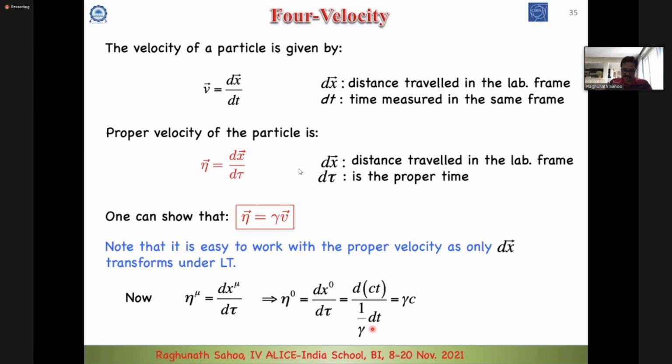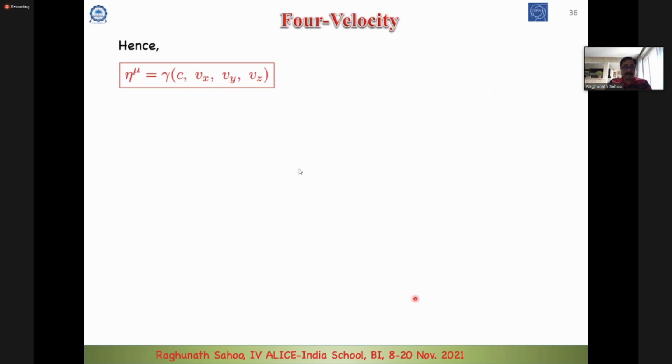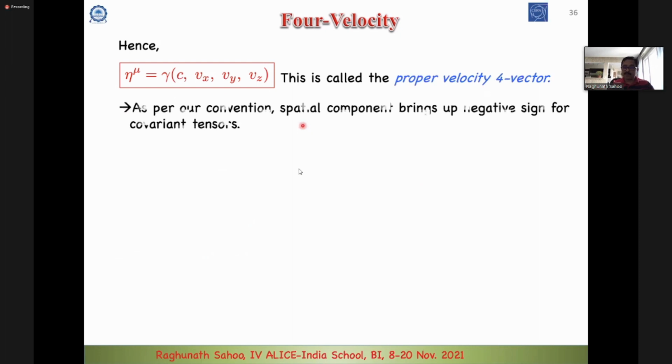Remember I am writing in a contravariant way, so that is why minus signs are not here. If I write in a covariant way, I have to introduce minus signs for the spatial components, or take care of my metric in the algebra. So I can write the four-velocity component-wise as gamma c, gamma vx, gamma vy, gamma vz. This is called proper four-velocity. As per our convention, spatial components bring a negative sign for covariant tensors only, and since I have written in a contravariant way, I have not made a mistake.